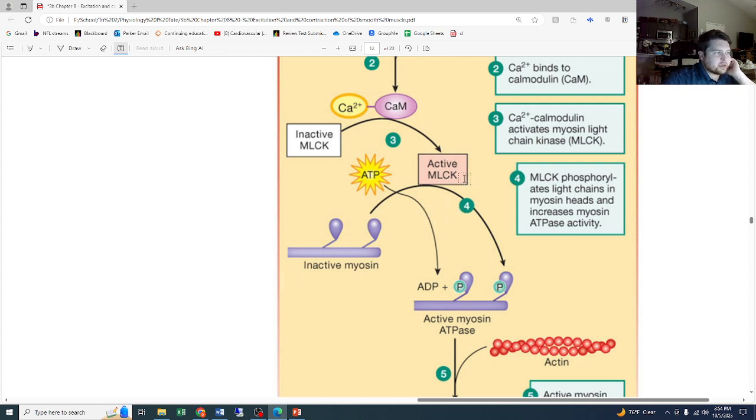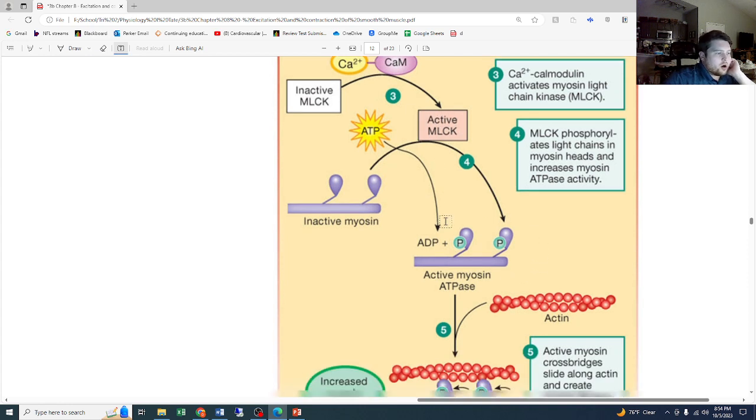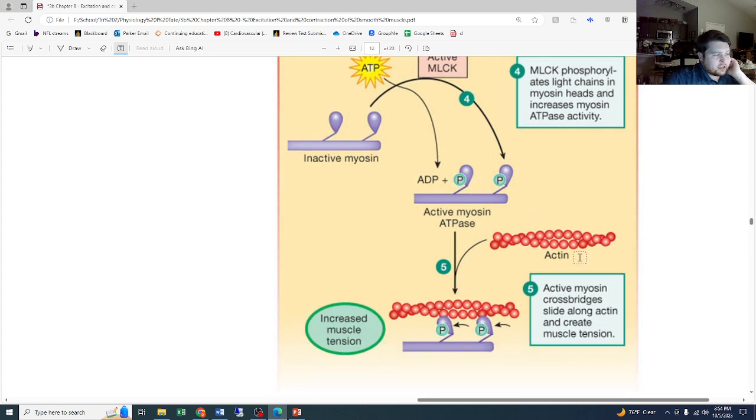So that's MLCK, the myosin light chain kinase. Its job is to prime all of our myosin. And then when we have our actin available, our myosin is going to bind, and we're going to get a power stroke, get those cross bridges, create that muscle tension, and so on.